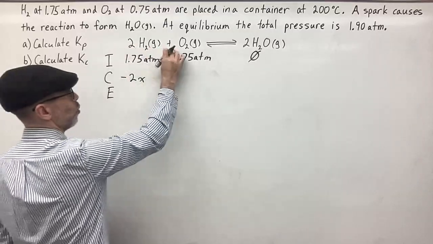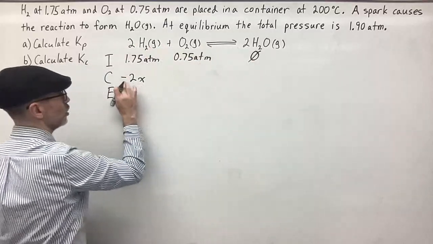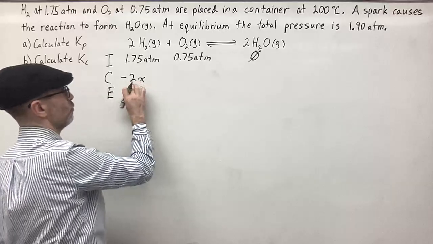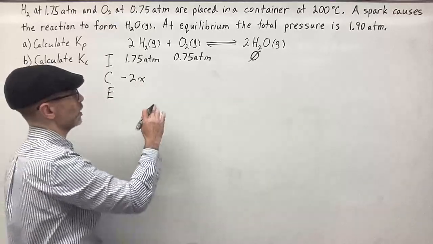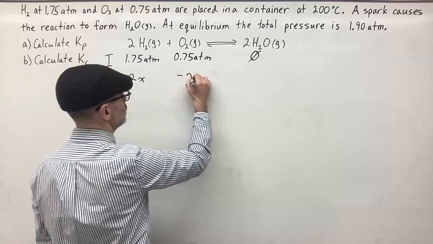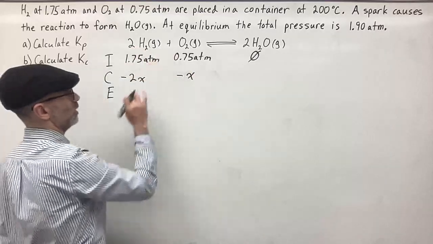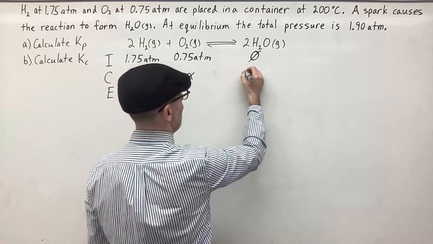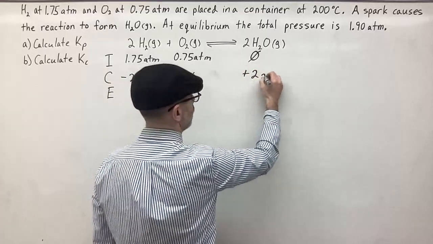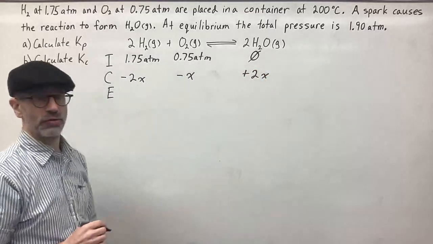So this is 2 to 1 to 2. We're going to lose a 2x amount for the H2. We're going to lose an x amount of the O2. 2 to 1 matches 2 to 1. And then that means we're going to gain a 2x amount of our water vapor.